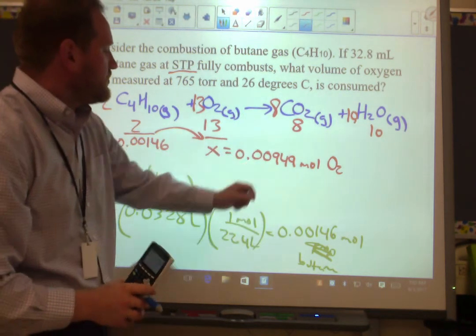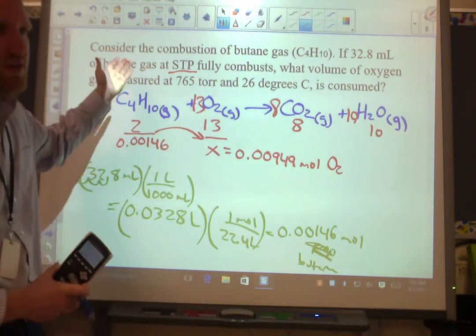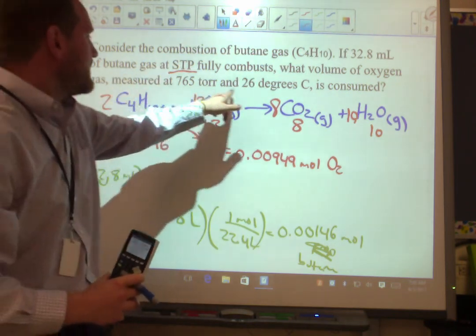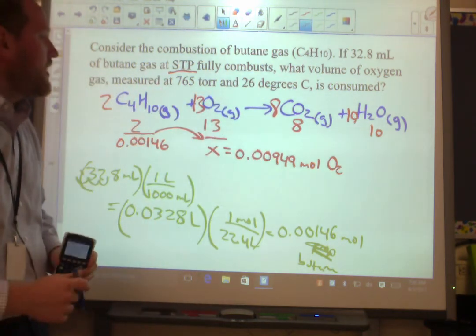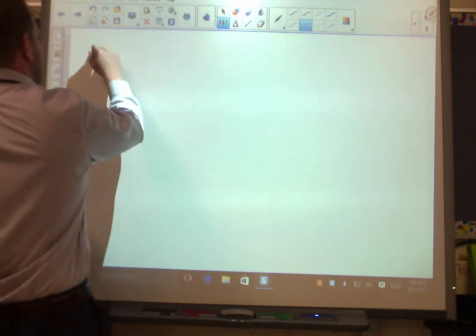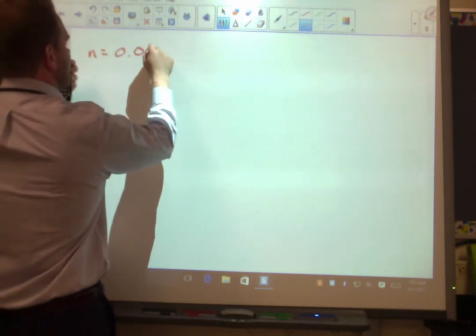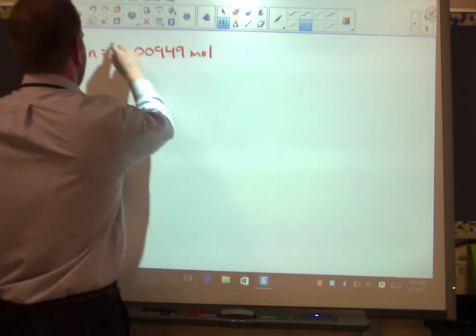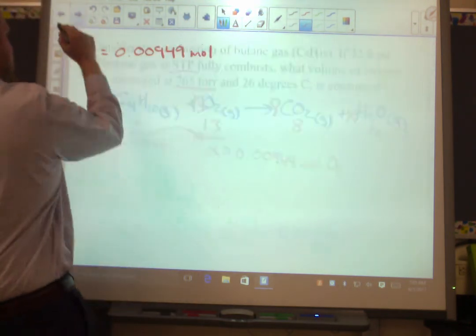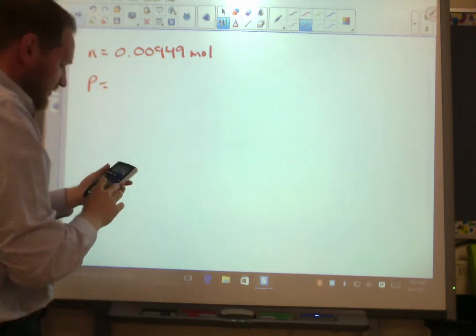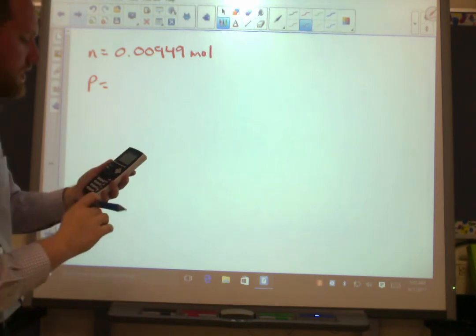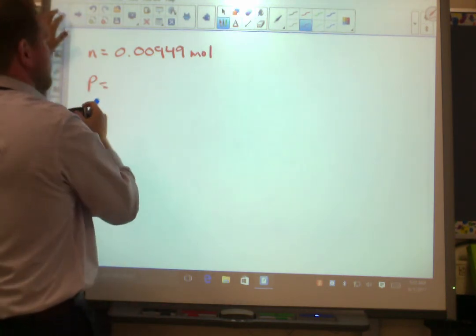So now I have my moles of O2 gas, but it's not at STP. I know the phrasing of it is a little weird, but it says the butane was at STP, but now the oxygen is at different conditions. So we have to consider those. I'm kind of out of room here, so let's start on the next slide. So n equals 0.00949 moles for my oxygen. 765 torr, but you can't plug that in. 765 times 1 ATM over 760 gives me, with how many sig figs here? 3.